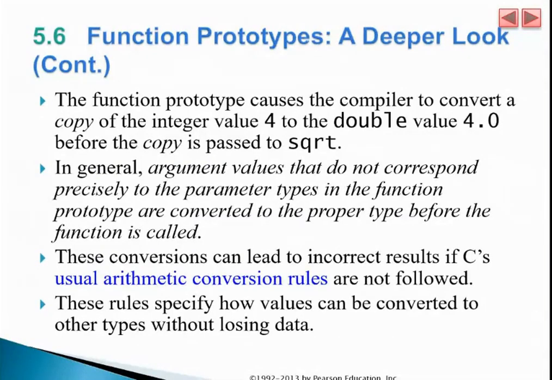But if these small conversions are possible, then definitely the compiler will do so before calling the square root function. So even if you pass an integer type to the square root function, the compiler will convert that integer value into a double value, and then it will call the square root function.